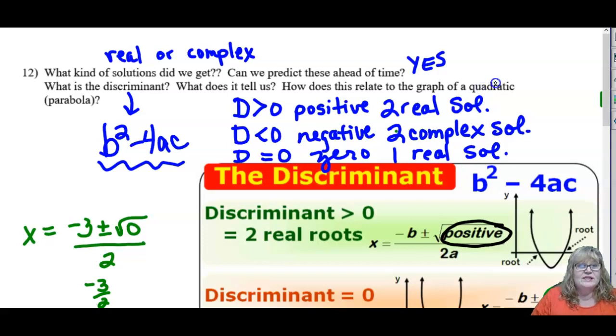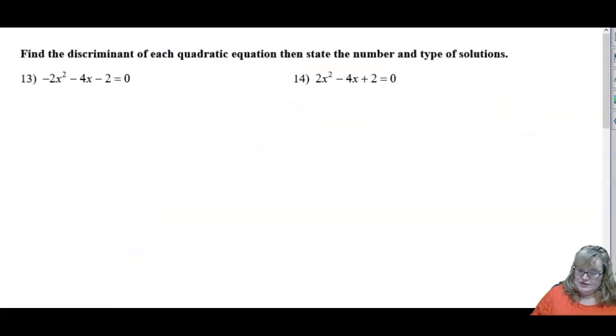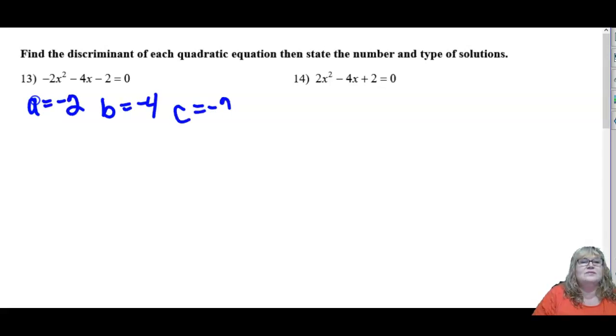And how do these relate to the graph of the parabola? This one meant there was two x-intercepts. This one meant there were none. And this one meant it only hit the x-axis once, or the vertex was on the x-axis. All right, so real quick, when you look at this, you have A is -2, B is -4, and C is -2.